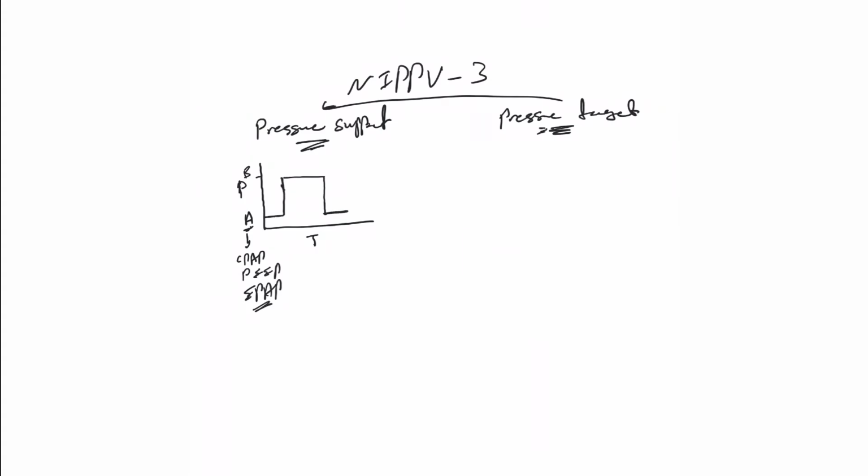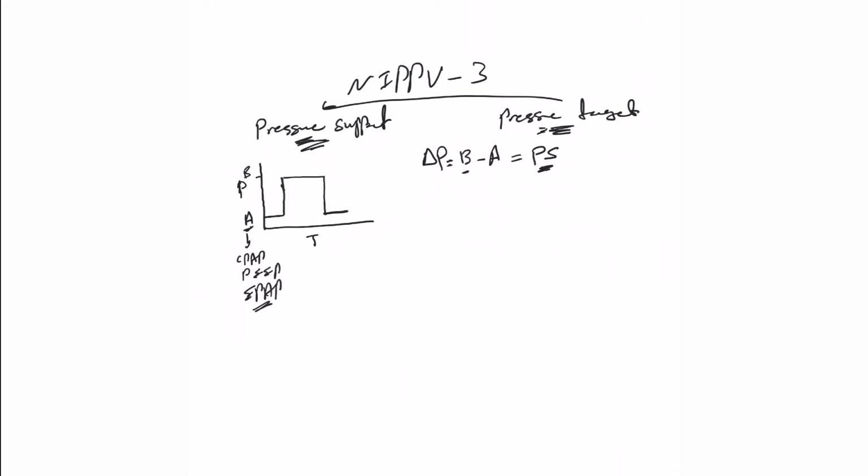So delta P, the difference in pressure between B minus A, this is the pressure support. This is what we mean by pressure support. In pressure support mode of ventilation, that's what is pressure supported.